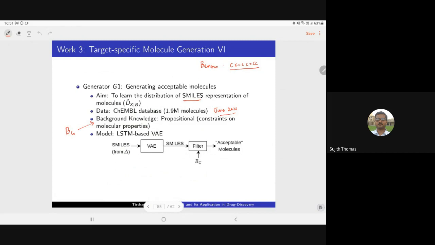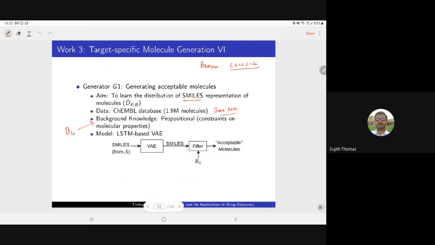And what does that mean? Say, for example, the background knowledge could say that solubility should be less than this, toxicity should be greater than that. We have three to four such constraints available to us, and we need to import those constraints when we are constructing the generator G1.